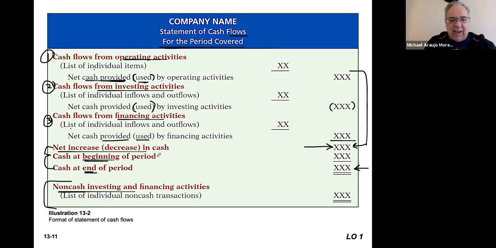Of course, where does this cash come from? You'll see this on the balance sheet. The cash flow statement only covers cash. So whatever the balance sheet said the cash was at the beginning, and the balance sheet says the cash was at the end of a period, you'll be able to explain that based on all these activities. Okay.